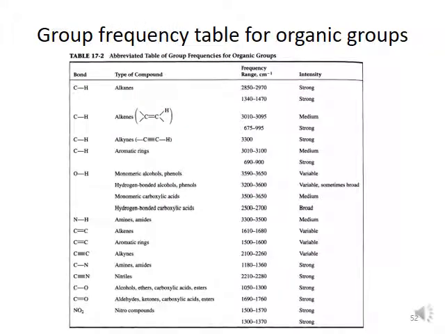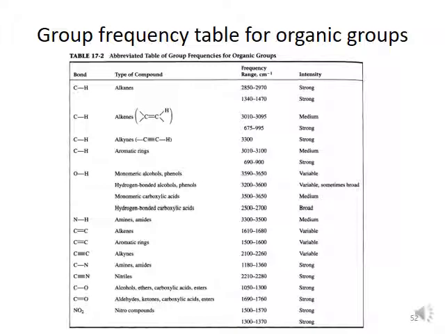So when you want to compare from the spectrum you get as an output from the infrared spectroscopy, you can simply use this table to identify what possible functional group you will get from the spectrum. In this case the frequency range is very important.